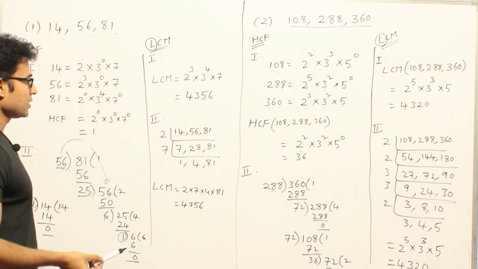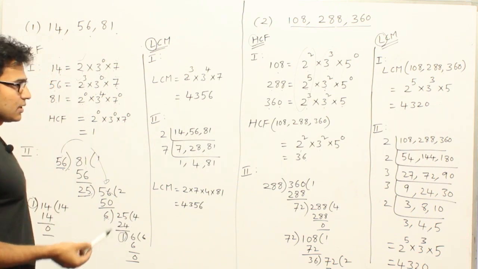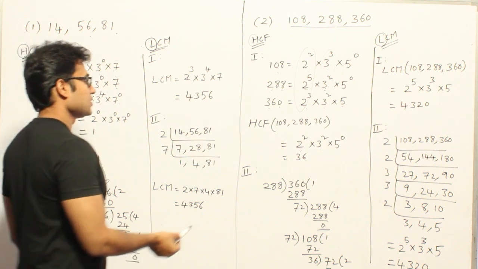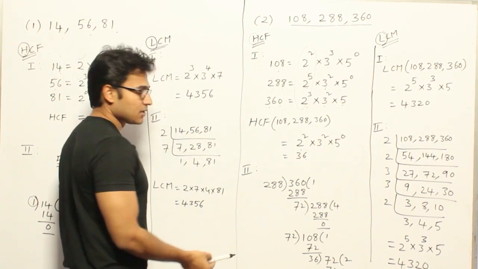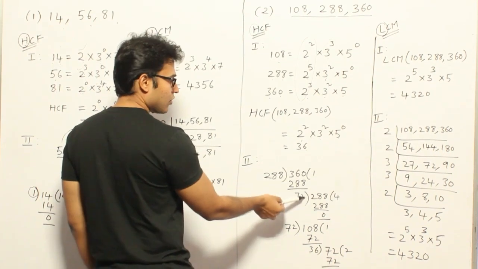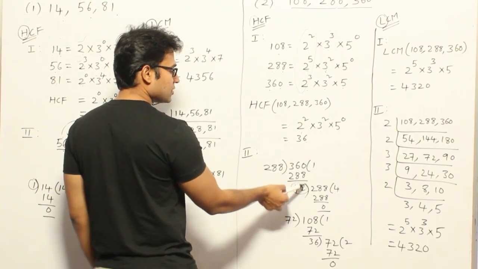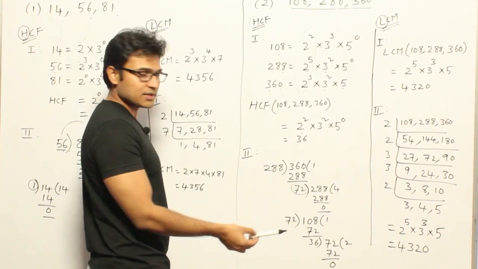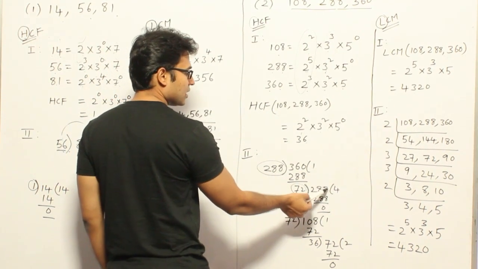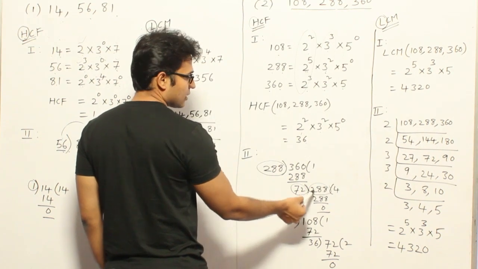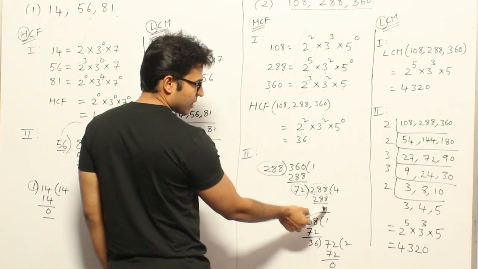So if you take the division method, take two numbers, better take the two highest numbers. So what are the highest numbers here? 288 and 360. Now you keep dividing them, right? So if you divide this one, I got the initial remainder as this. Now this remainder will become the new divisor, and you have to divide the old divisor. So the old divisor is going to be now divided. So again I got a remainder of 0 here.